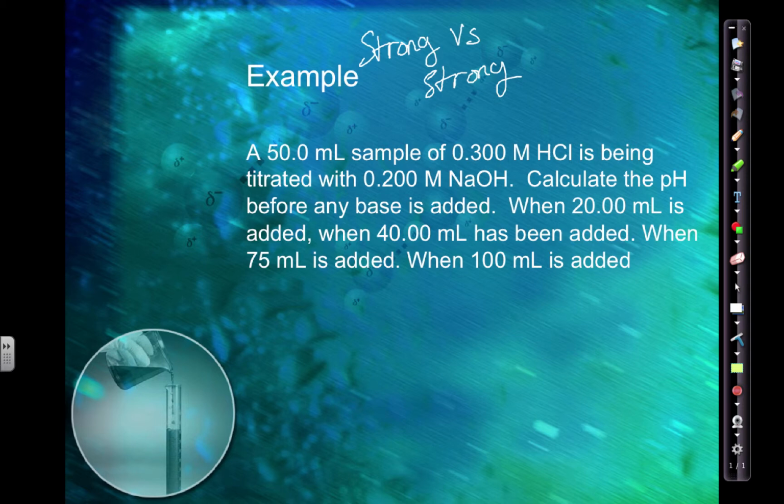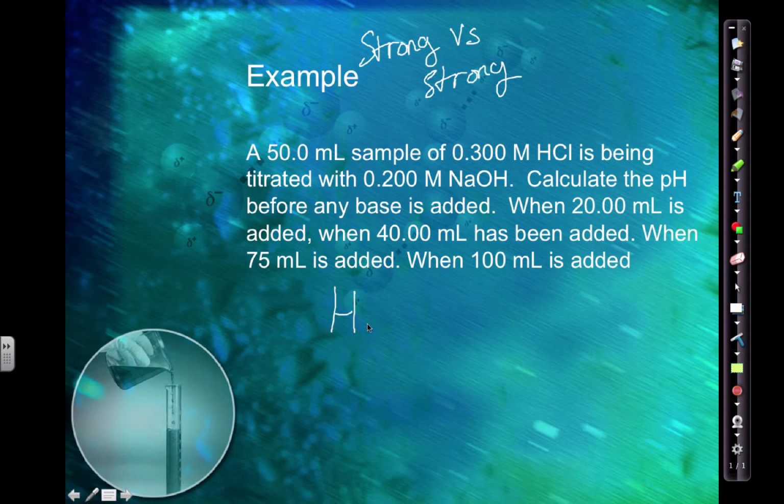How would you do the titration calculations? All right, so the first thing, you have to know what the net reaction is. Well, if we have a strong acid and a strong base, we're simply looking at the reaction between hydrogen ions and hydroxide. So a strong with strong, the net reaction is always this.